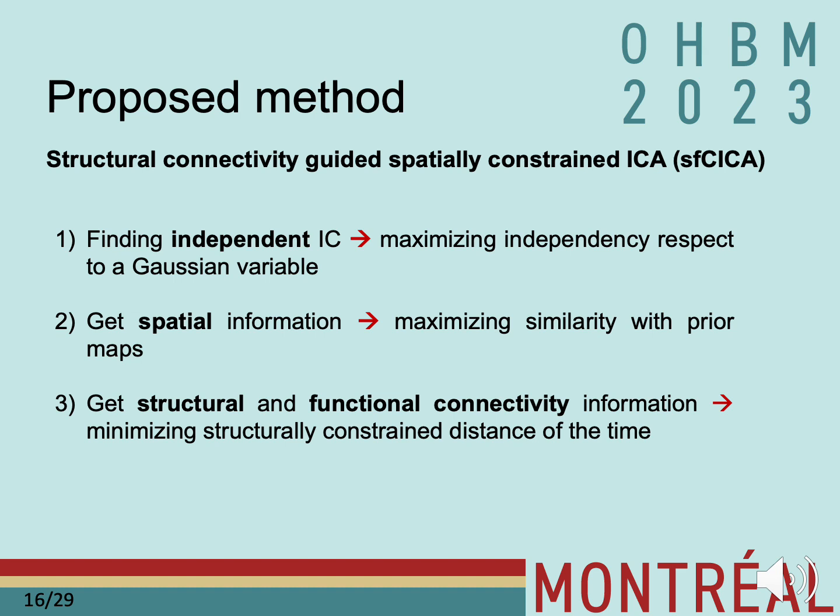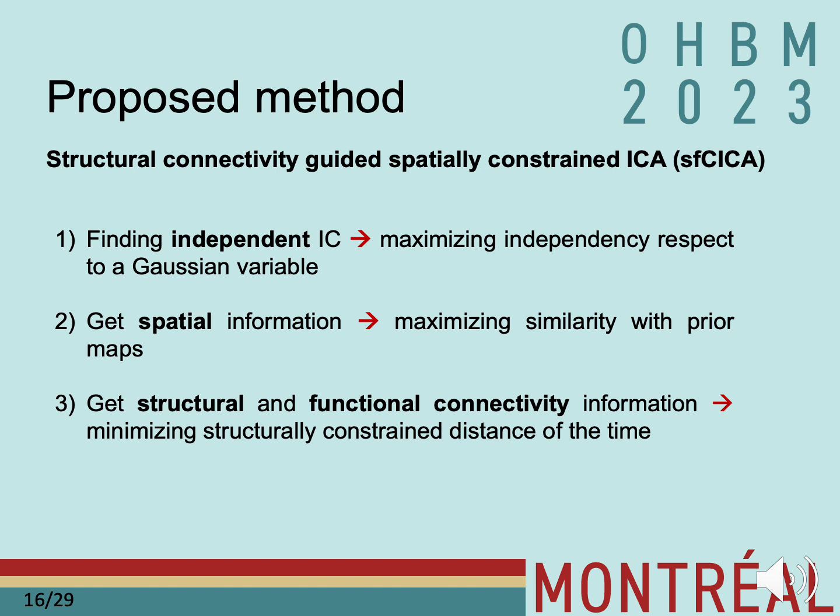A structural connectivity guided spatially constrained ICA was proposed, which has three main objectives to be followed simultaneously. First, finding an independent component by maximizing independence. Second, getting information from prior spatial maps, the template.